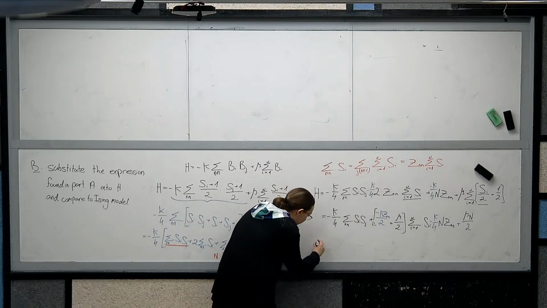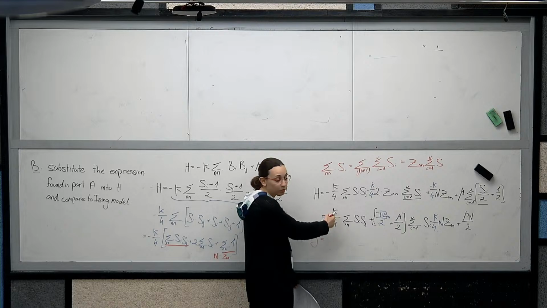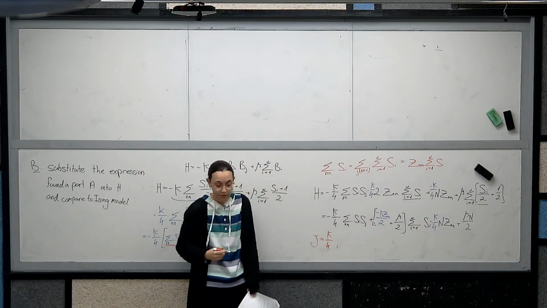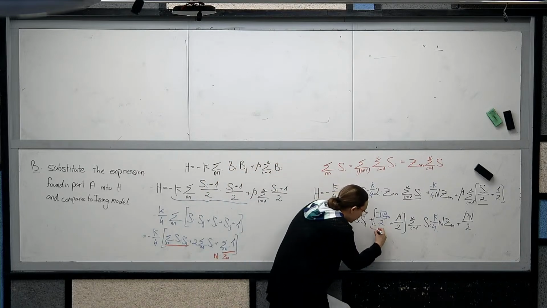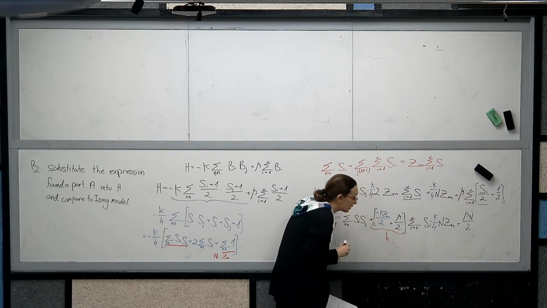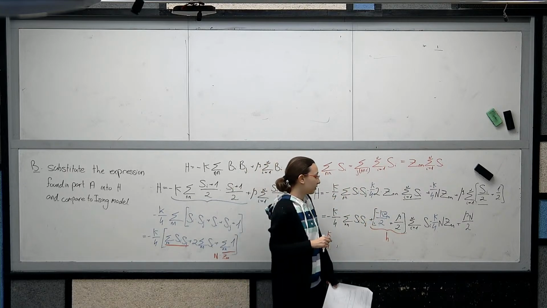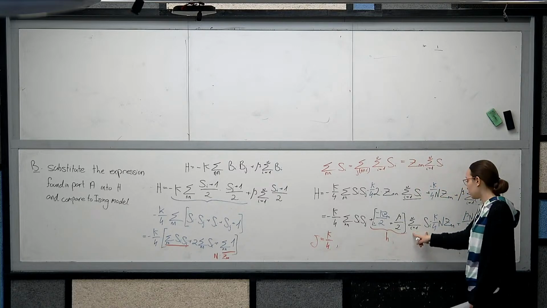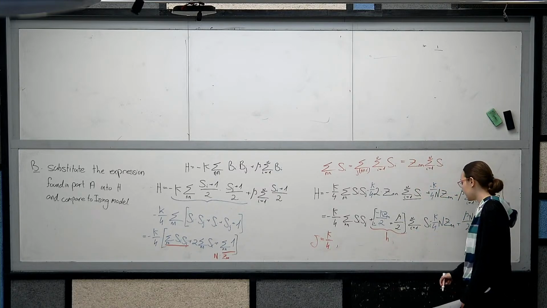So our interaction energy J will be equal to k divided by 4, and this will be the external field value, the value before the summation in the standard Ising model.